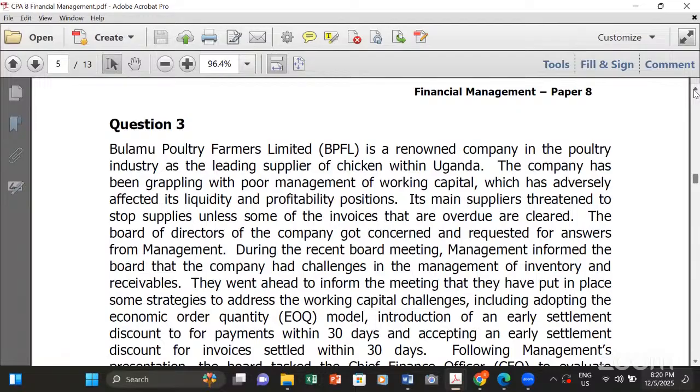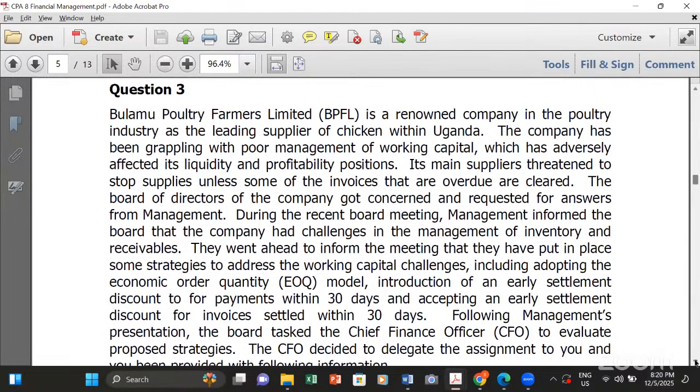Its main suppliers threatened to stop supplies unless some of the invoices that are overdue are cleared. The board of directors of the company got concerned and requested for answers from management.